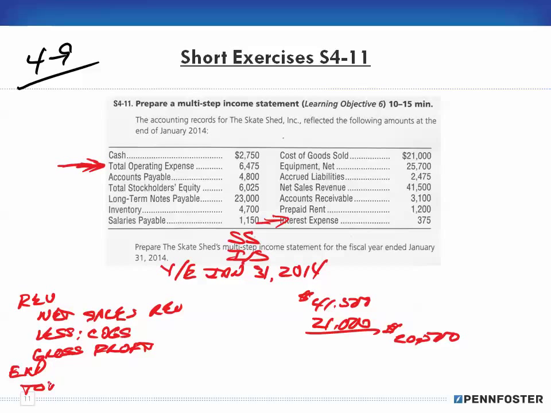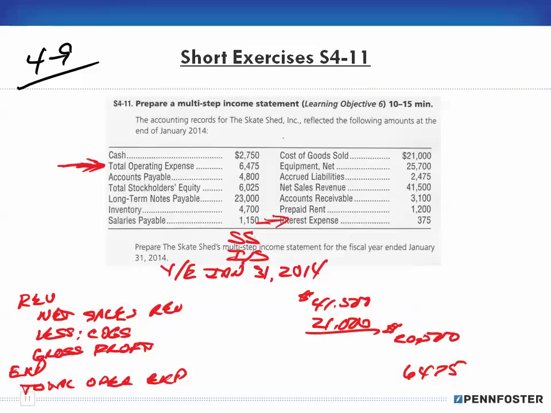And then I have total operating expense. Now notice that the total operating expense really should have individual accounts, and then doing the math means I'd put that amount in the right-hand column. In this case here, we're talking about $6,475, okay?